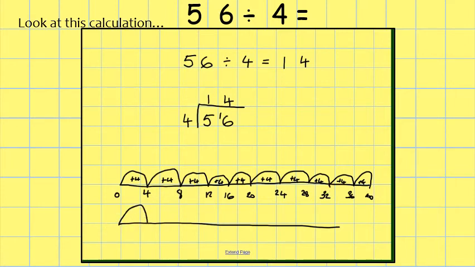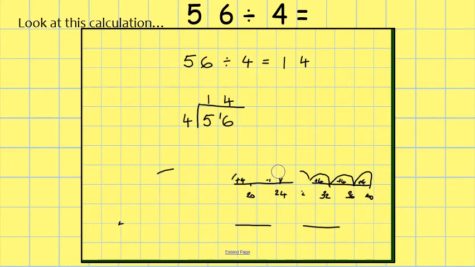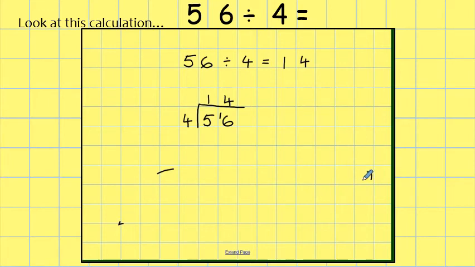It becomes really confused, and so our ability to divide larger numbers is really hampered by having to do all of these jumps on the number line. So this is a no-no. We're not going to do this at all. We're going to concentrate on the bus stop method.